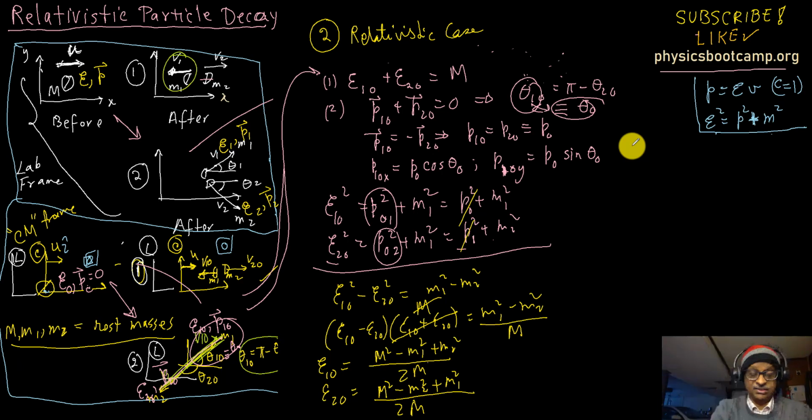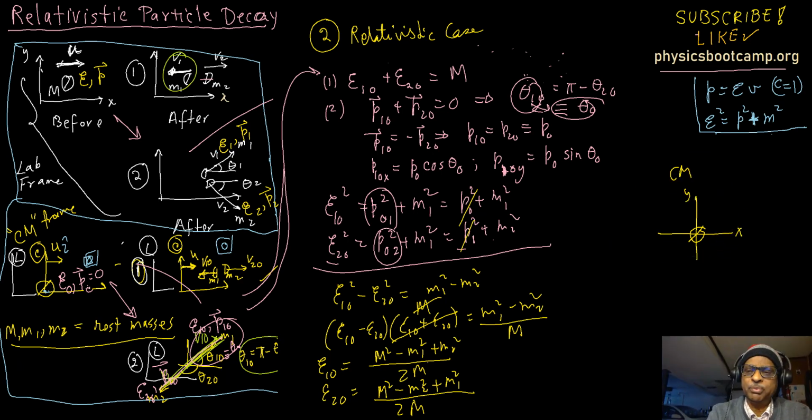And what happens is, in the center of mass frame, when a particle decays, there is a complete symmetry in any direction. So in the CM frame, say the particle is over here and it's at rest. The whole thing is at rest.